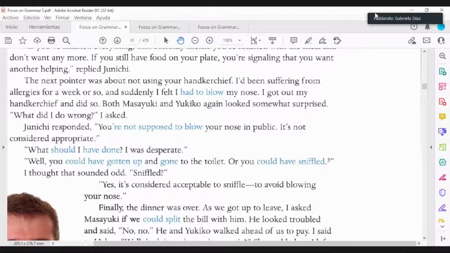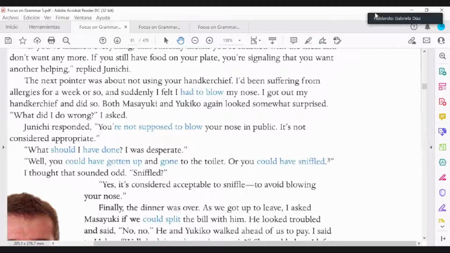The next pointer was about not using your handkerchief. I'd been suffering from allergies for a week or so, and suddenly I felt I had to blow my nose. I got out my handkerchief and did so. Both Masayuki and Yukiko again looked somewhat surprised. What did I do wrong? I asked. Junichi responded, you're not supposed to blow your nose in public.